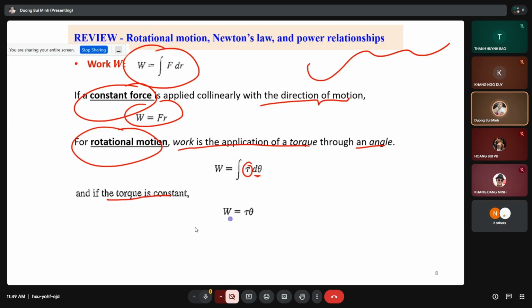If the torque is constant, like F, you get work is torque times theta. So now you know how to calculate work for rotational motion. This is the product of torque and phase angle.